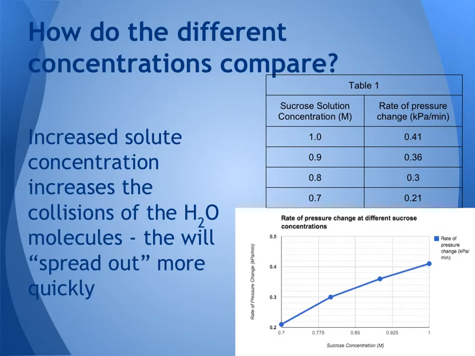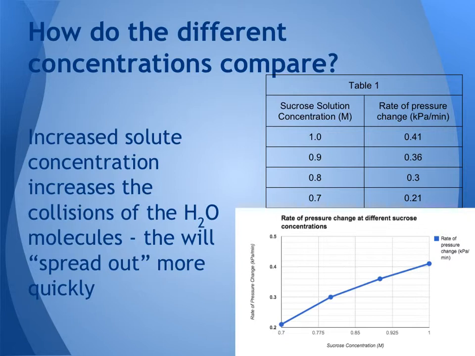So how can we compare the concentrations of the different solutions to each other in their rate of pressure change? If you had a good lab setup, a sound setup with minimal error, you should have seen the trend that the greater the sucrose solution concentration, the greater the rate of pressure change. And really that has to do with the concentration gradient across that semipermeable membrane.